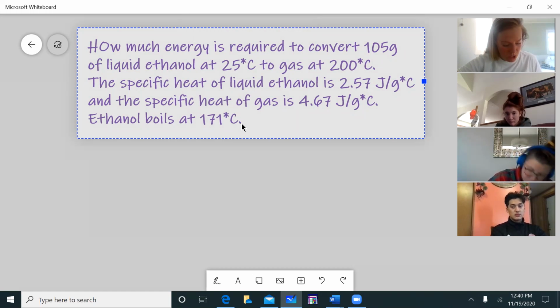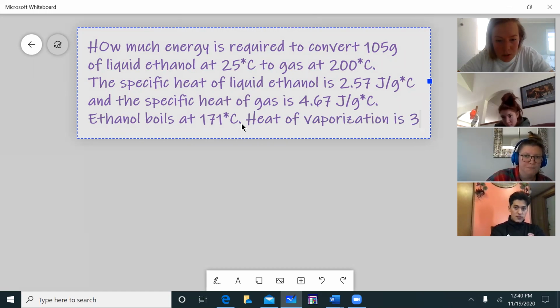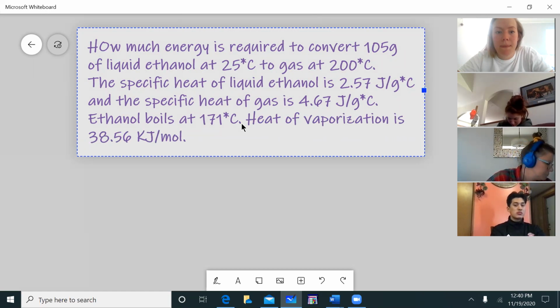There's one more piece of information. I need to give you the heat of vaporization, which is 38.56 kilojoules per mole. And if you're wondering what ethanol is, it's C2H5OH.